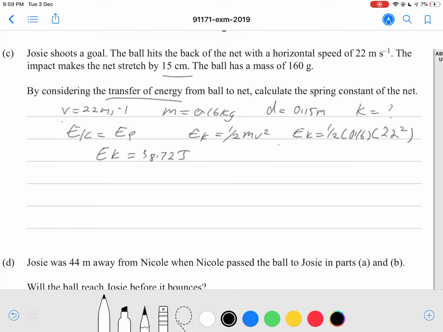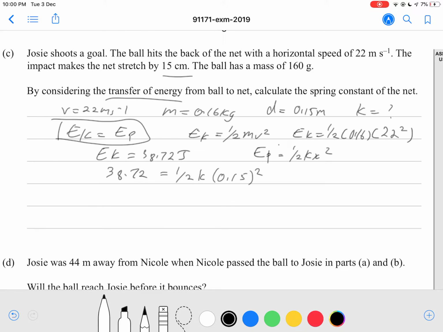Now we're going to assume the conservation of energy, so we're going to say that EP equals half kx squared. Therefore 38.72 is going to be equal to half of k, which we don't know, multiplied by our extension distance, 0.15 meters, squared.